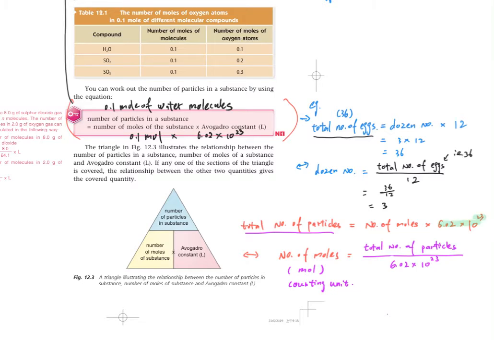And if you want to find the counting unit, the number of moles, then we simply use the total number of particles divided by the Avogadro constant, 6.02 times 10 to the power 23. Then we can get the counting unit, the total number of moles. Okay, this interconversion concept is very important for later on, so bear in mind.